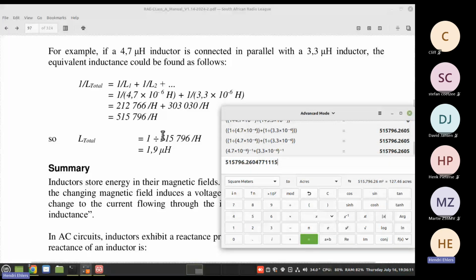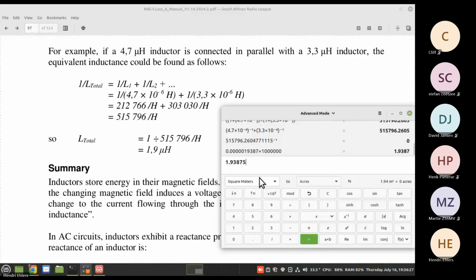And then, of course, if we do that with that, we get that, and we times that by that, and we get to the correct answer.